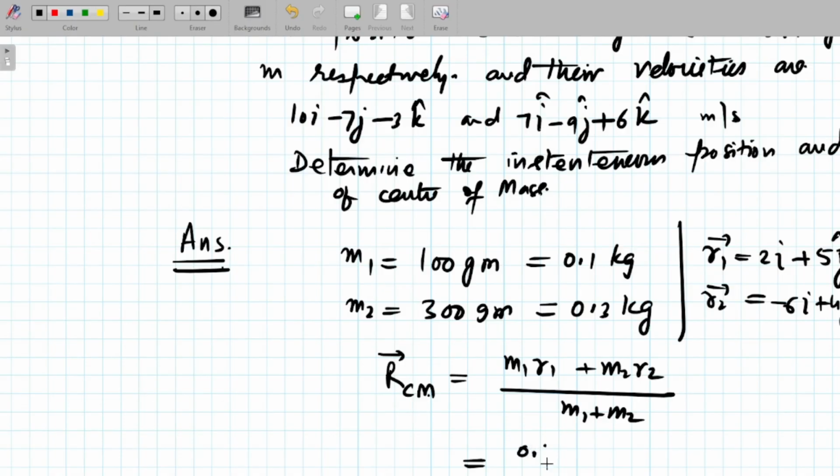M1 is 0.1, R1 is 2i, 5j plus 13k, plus M2 is 0.3, negative 6i 4j minus 2k, all right, upon m1 plus m2, and m1 plus m2 will be 0.1 plus 0.3. Now please solve it and let me know what is your final answer.